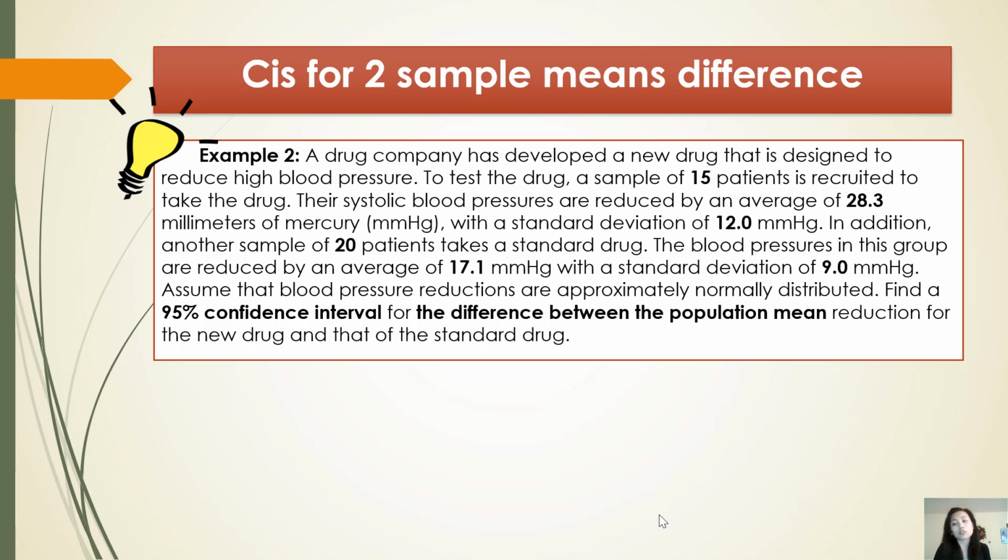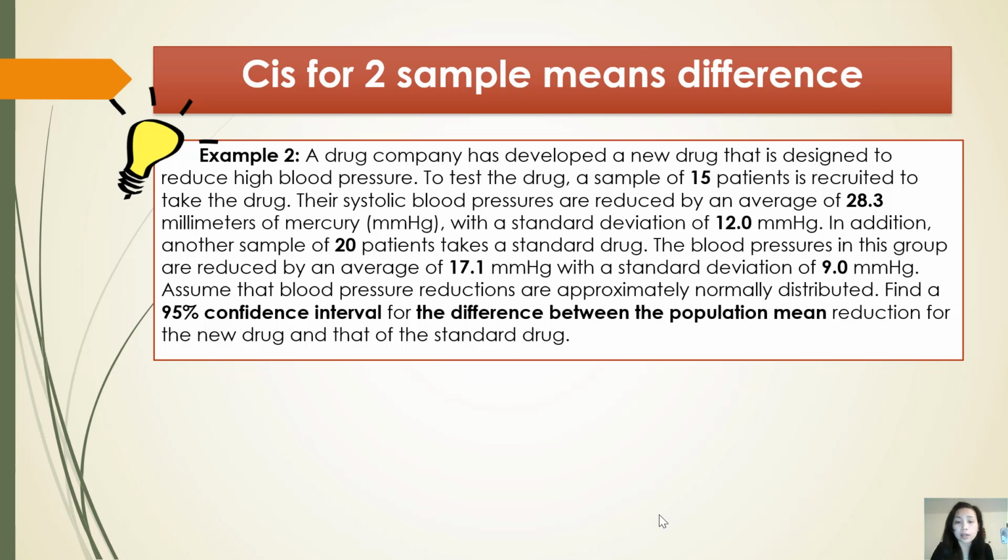The pulse ratios in this group are reduced by an average of 17.1 with a standard deviation of 9. Assume that the pulse ratio reductions are approximately normally distributed. Find a 95% confidence interval for the difference between the population mean reduction for the new drug and that of the standard drug.